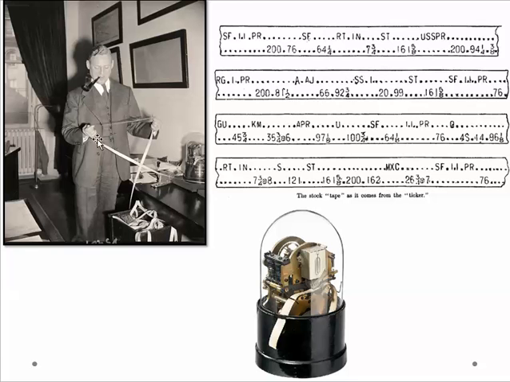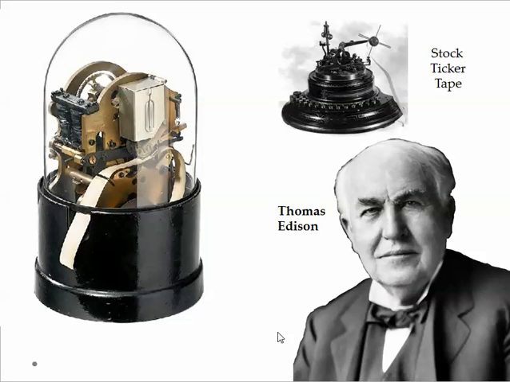This guy's looking here. He's smoking his pipe, looking at his stock, checking out how much money he's making or losing on this ticker machine. And guess who made this ticker machine? You said it. Thomas Edison used to work with the telegraph company and made this machine, and he invented it. Here's his invention here. Here's some with some improvements. But he made the first. There it is there with that tape coming out.